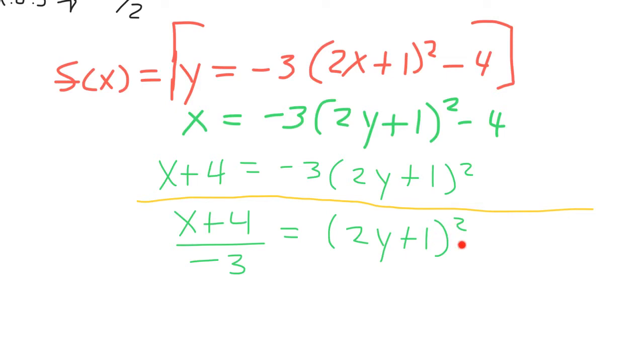At this point, we're going to have to take the square root of both sides, and this is actually the moment where the inverse becomes not a function. And the reason is because when you take the square root of this side and this side, you got to do this plus minus thing.